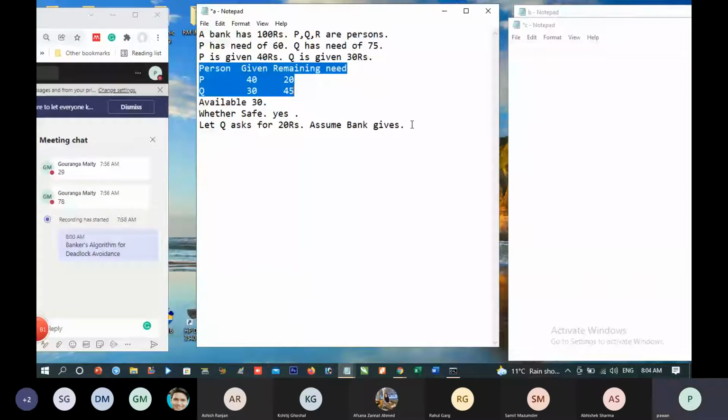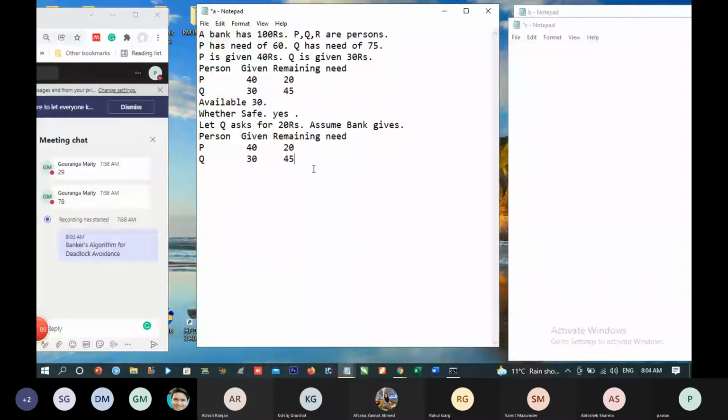This is the situation. To Q, we have given 20 more rupees. So to Q, 50 rupees has been given and 25 is the remaining need of Q, and with the bank available is 10.